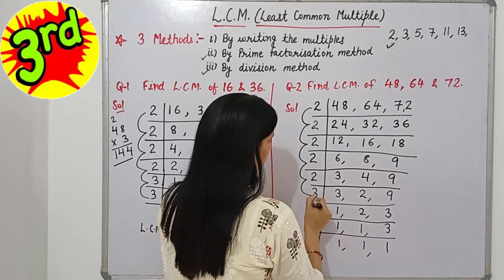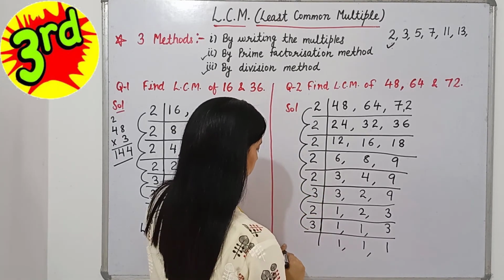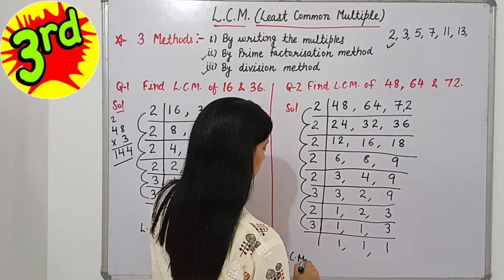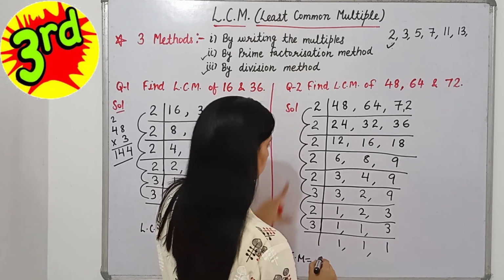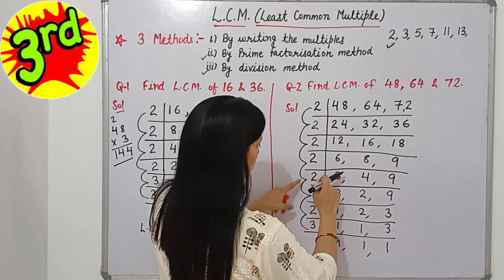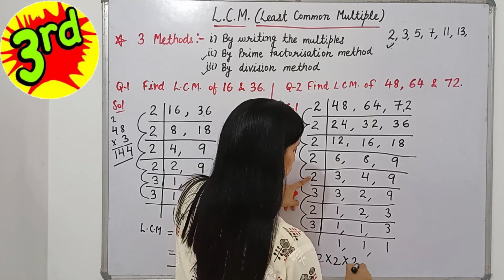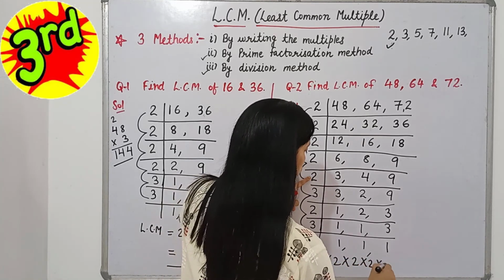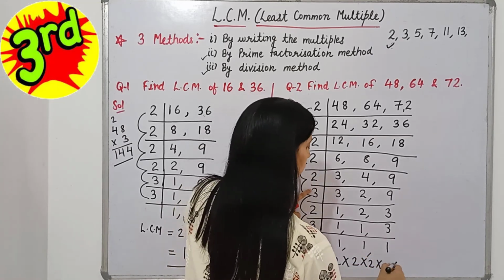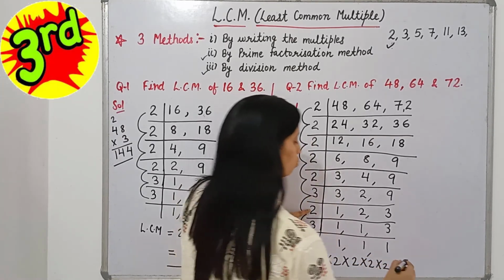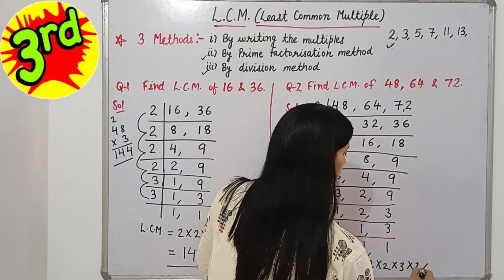Now let's write this. LCM will be the product of the factors. 2 is coming 5 times here. 2 times 2 times 2 times 2 times 2. Then 3. Then again 2. And again 3.